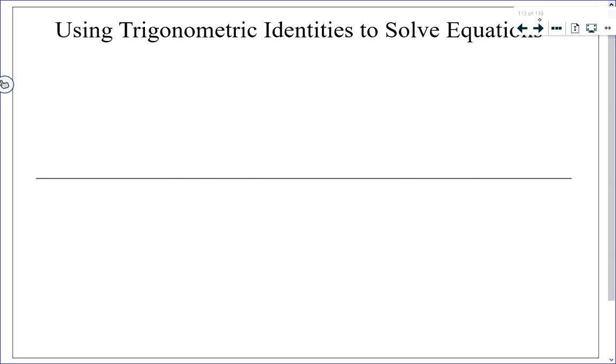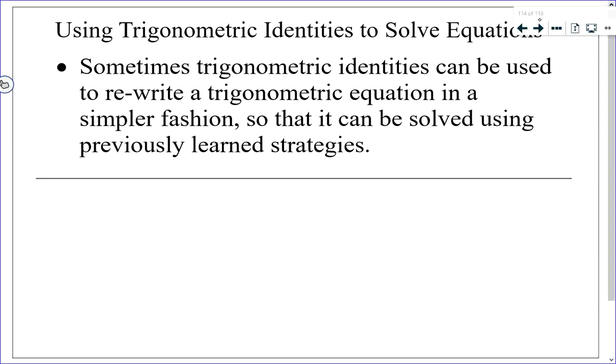Sometimes you have equations, and in order to solve the equation, it requires the use of an identity to change it. So, quick illustration of what I'm talking about here.